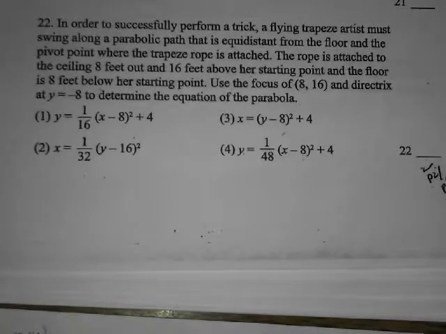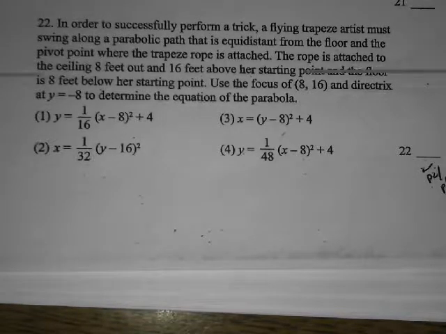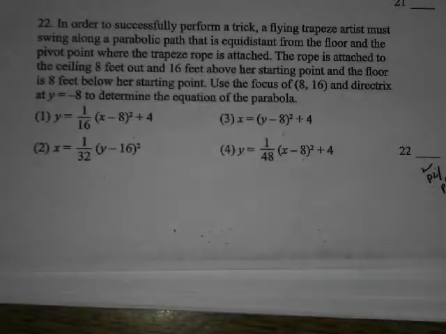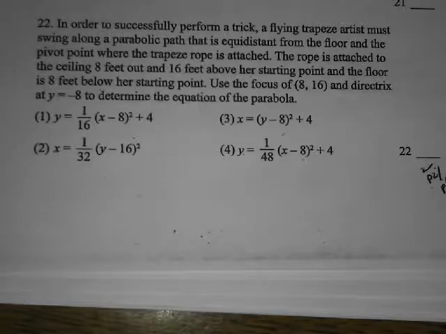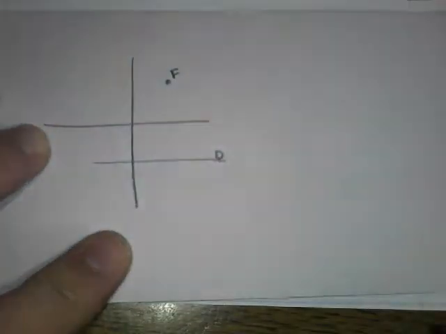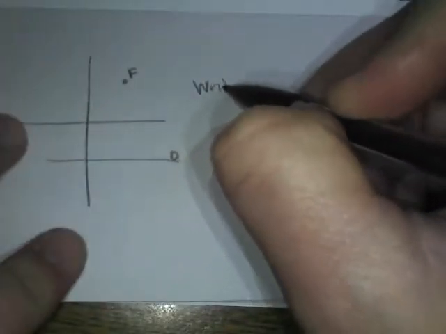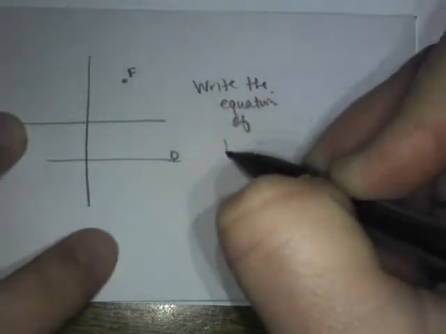So, case in point here, I don't have a flashcard reminding you all how to write the equation of a parabola given the focus and directrix. But I'm going to create one right now, so I'll add it to the list. If I have a focus and a directrix, and I'm asked to write the equation of a parabola, you have to pick a point P on there.